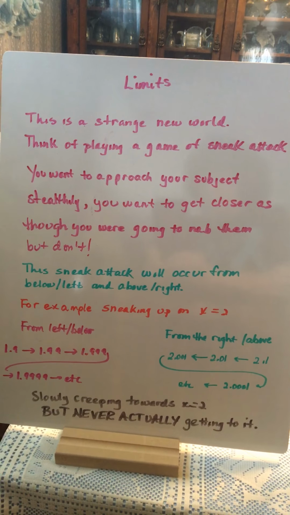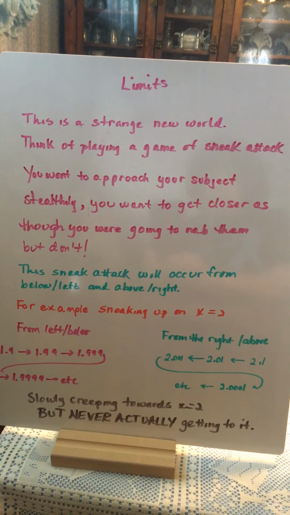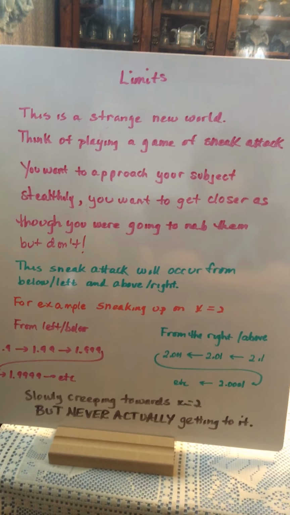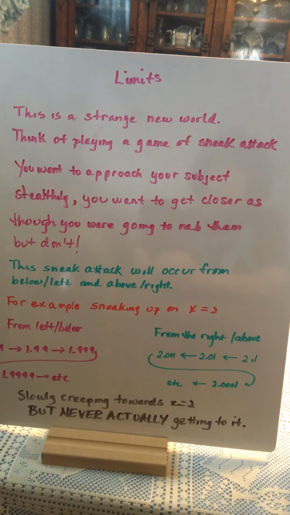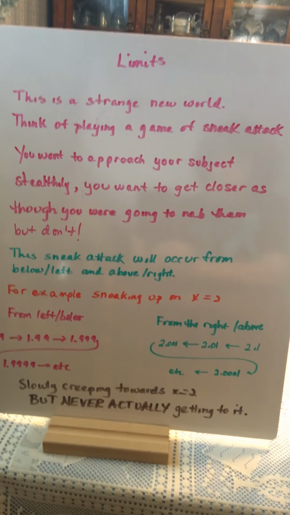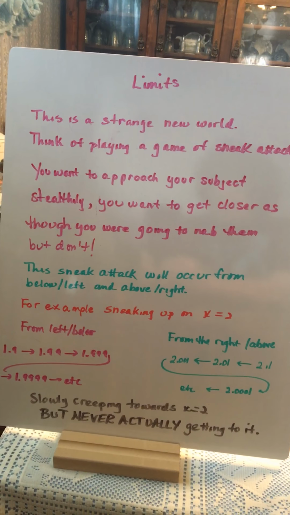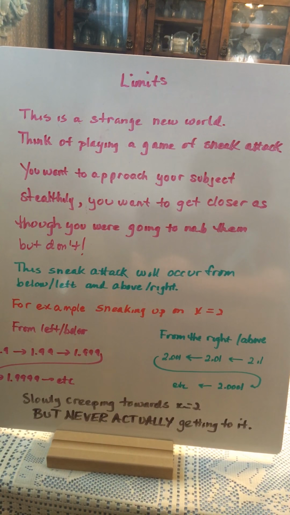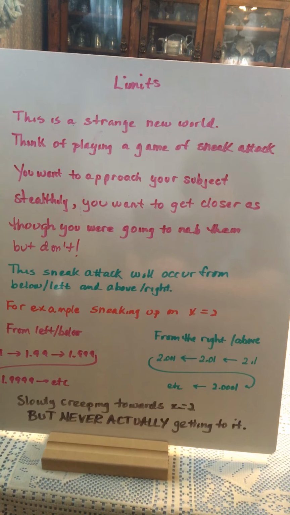This sneak attack will occur from what they call below or the left, and above or from the right. So, for example, if you want to sneak up on x equals 2 from the left or below, you might start at 1.9 and go to 1.99, 1.999, 1.99999, and on to 1.99999999999999999999999999999, but you're never going to get there.